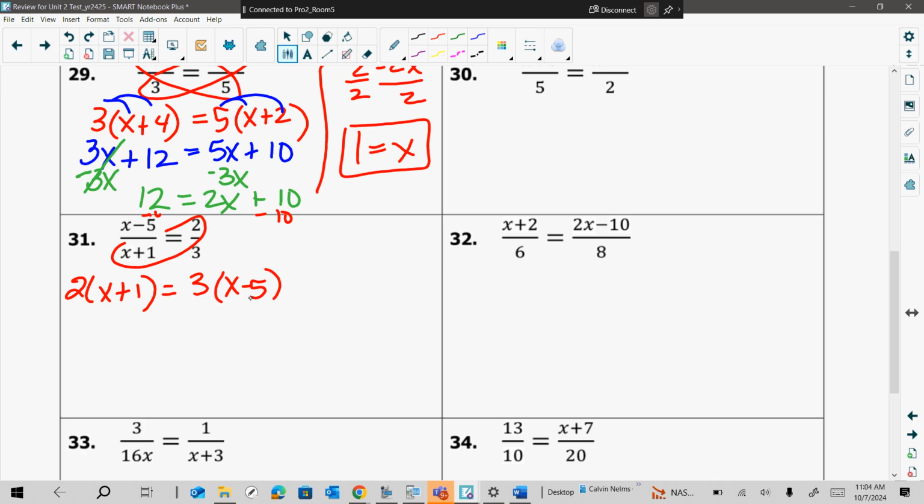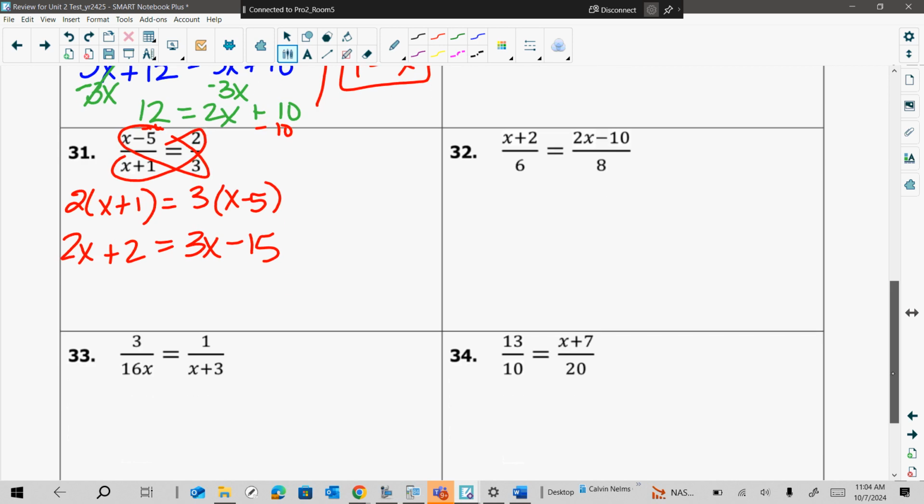So if I'm cross multiplying, I'm distributing, you're showing the 2x plus 2 equals 3x minus 15. And then we're solving for x. Hopefully on this one, you get x is 17.